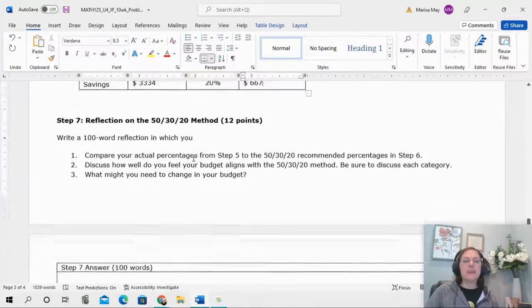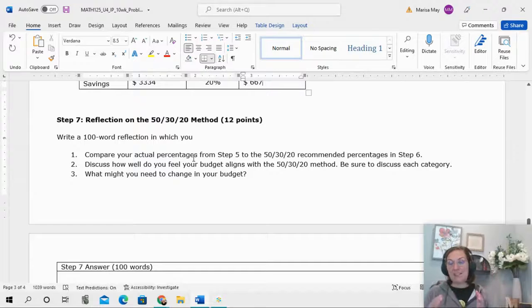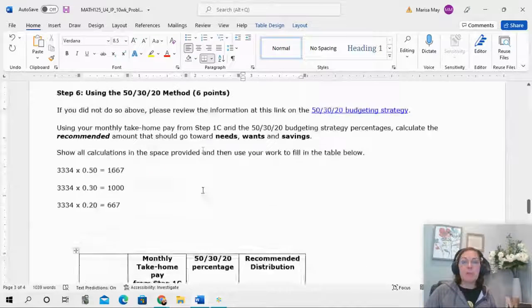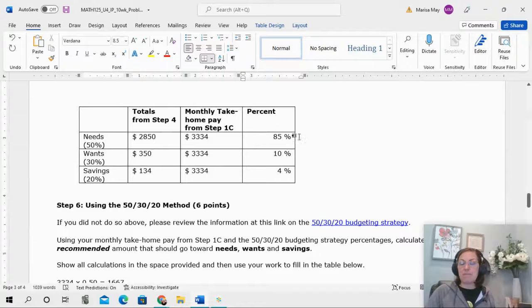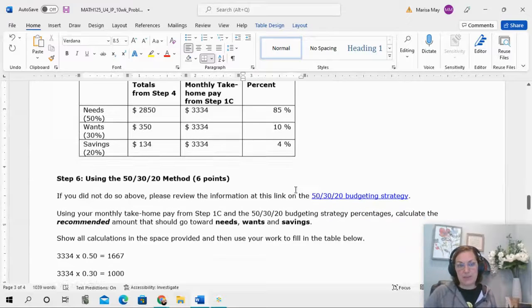Okay, that's okay. That's where step 7 comes. You're going to write a 100-word reflection answering these 3 questions. So compare your actual percentages to the recommended 50-30-20. So if you look at my percentages back here in step 5, I had 85, 10, and 4. So my needs were way higher than 50%.